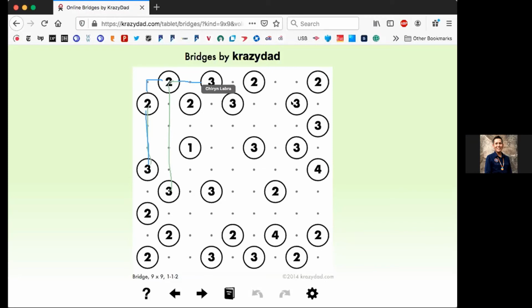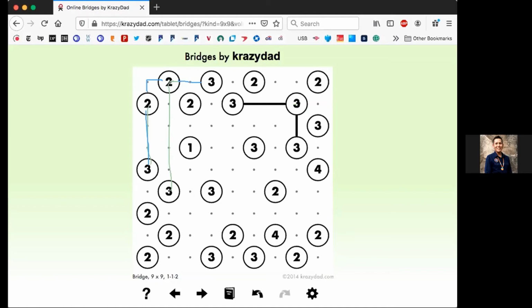That there's going to be 1 line going vertically and 1 going horizontally. Nice. That's what I wanted you to notice. And then one of these is going to be a double bridge, but right now we don't know which. Correct. Okay, so that is a start.